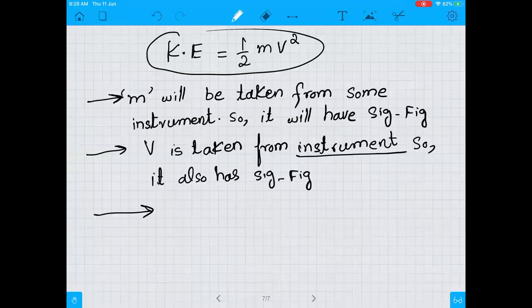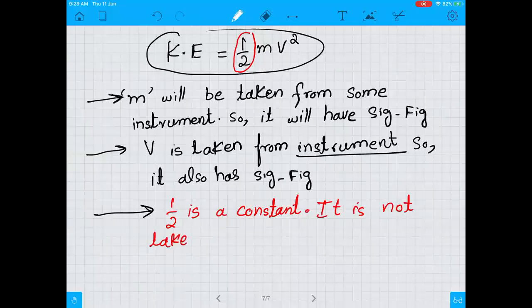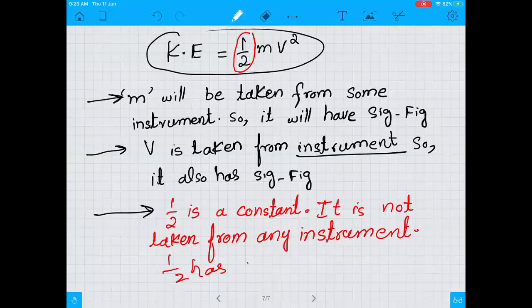So this 1 over 2 cannot change. 1 over 2 is a constant. For this formula, it is not taken from any instrument. So it has no significant figures, and it has no role while determining the significant figures of the answer.